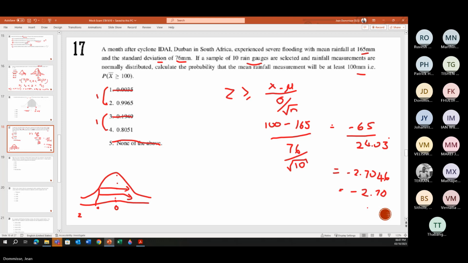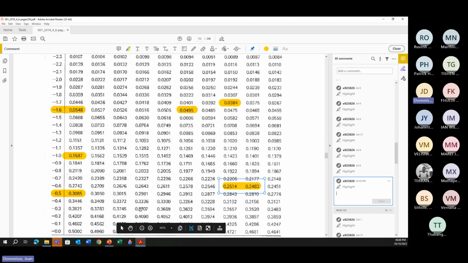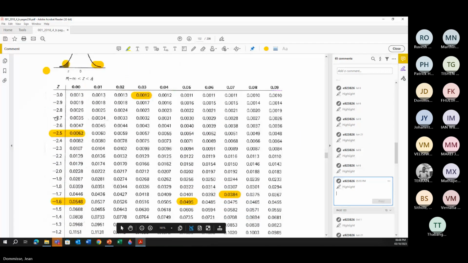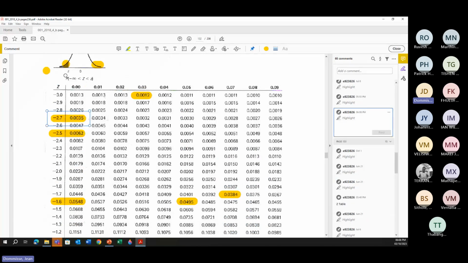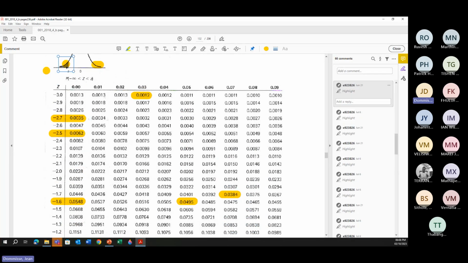I will round that off to minus 2.70. And then I would need to go to the Z table again. We can do it two ways. Let's just look at minus 2.7. Remember, it's referencing that small area.